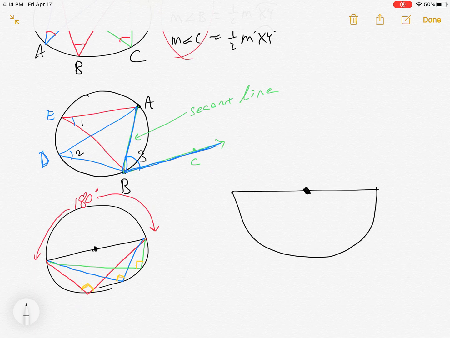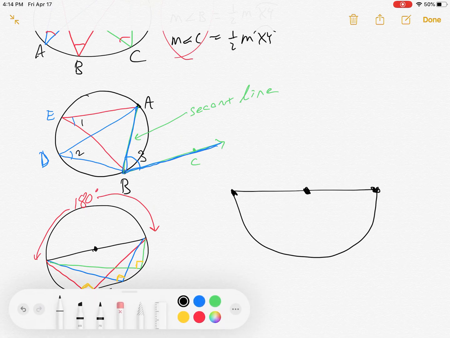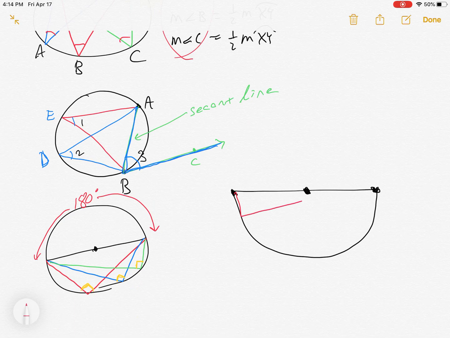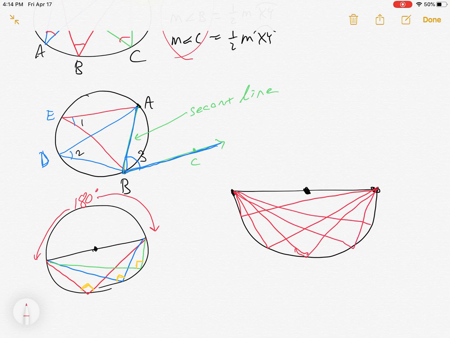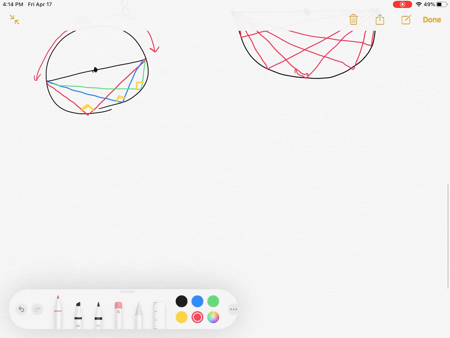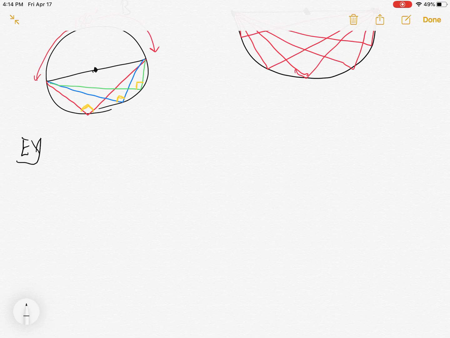You have a semicircle, and you want to make a triangle where one side of the triangle is the diameter of the semicircle. No matter how you draw it, if the third vertex is on the circle, every one of these will be a right triangle, regardless of how poorly I represent it. Those are all right triangles. A really neat concept there.